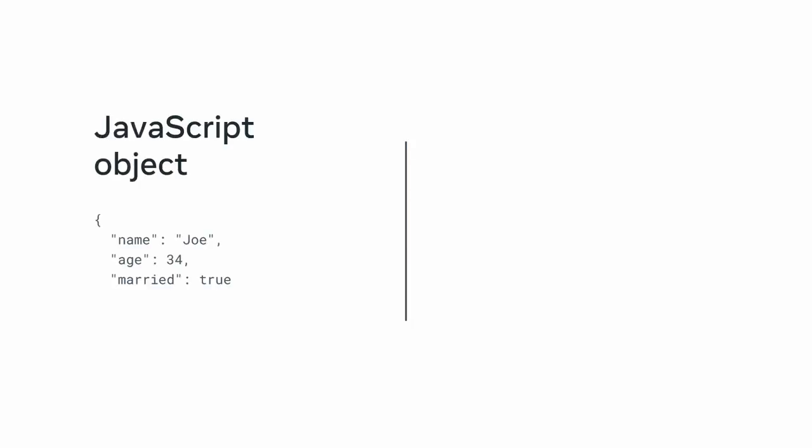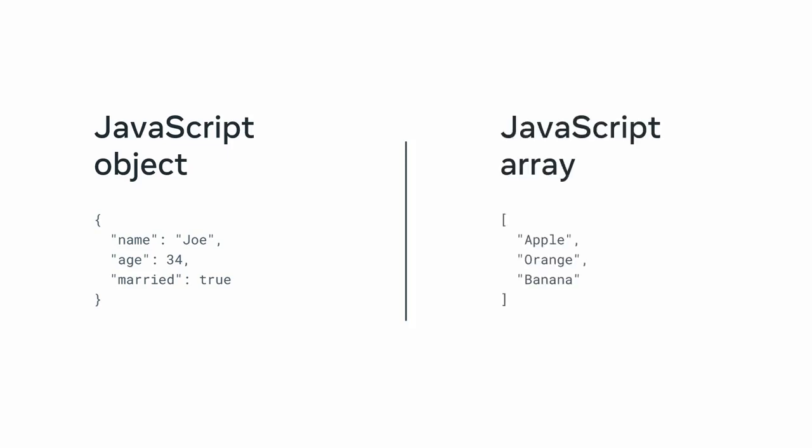JSON is one of the most frequently used data formats for transferring data between a client and a server. It's used in both web applications and mobile applications. In JSON, the data is stored in a JavaScript object format with a key and value pair, or in a JavaScript array of values. JSON is currently the dominant data interchange format for two major reasons. First, it's very lightweight, with its syntax resembling a stringified JavaScript object.